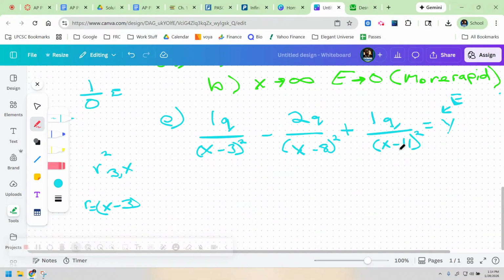So y equals 0. Oops, I wrote this wrong. So at 30.6 centimeters, y equals 0.